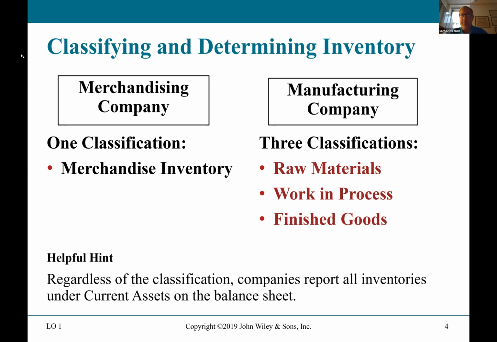Now, the other type of company is a manufacturing company. We're not going to talk about manufacturing companies in financial accounting. For those of you who move along to managerial accounting, that primarily covers manufacturing companies, companies that make stuff from raw materials, untouched materials, and then sell it.